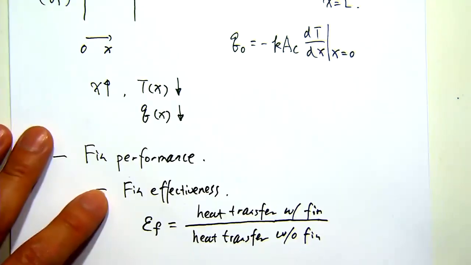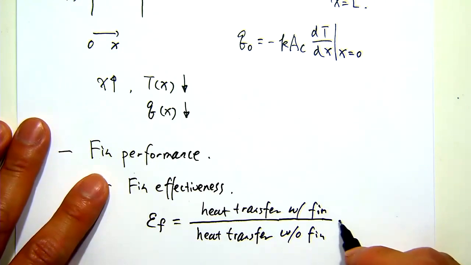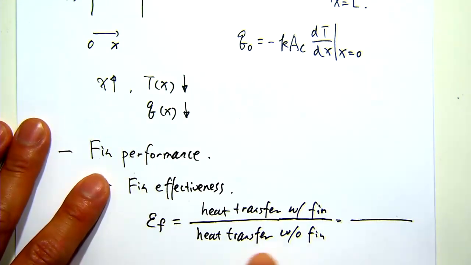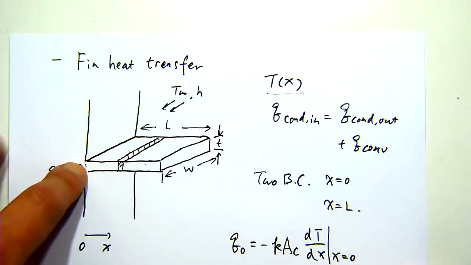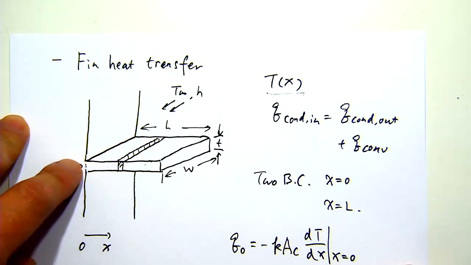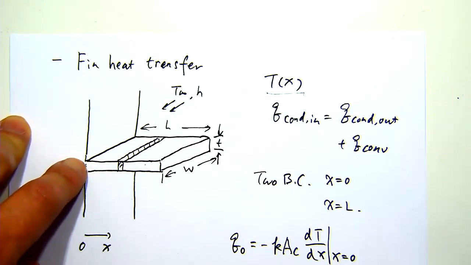Right? So that can be expressed in the equation. The heat transfer without fin, which means we only have the base surface, and the convection still happens. No fin to conduct anything, but the convection still happens on that base surface, right?